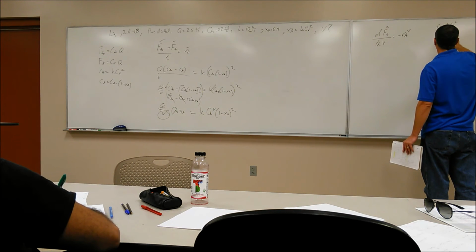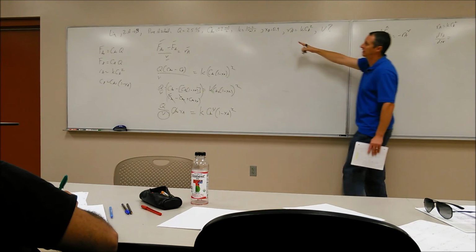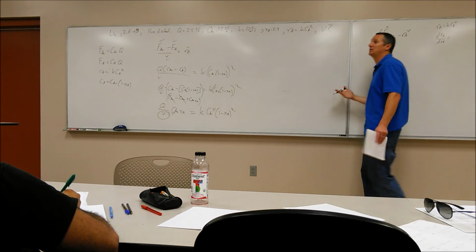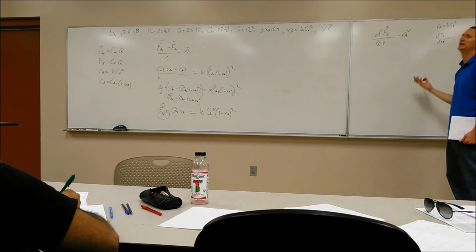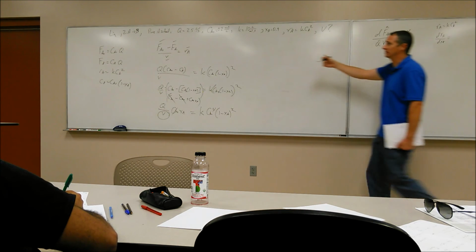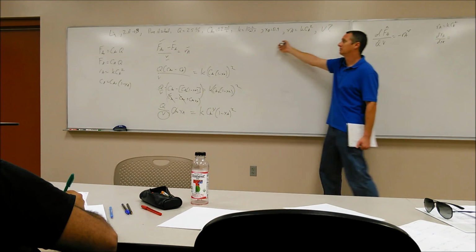dFA dV and XA, because I have XA here. I can do it with CA if they gave me the final concentration CA, but I can still do that too by taking CA naught and working with conversion.